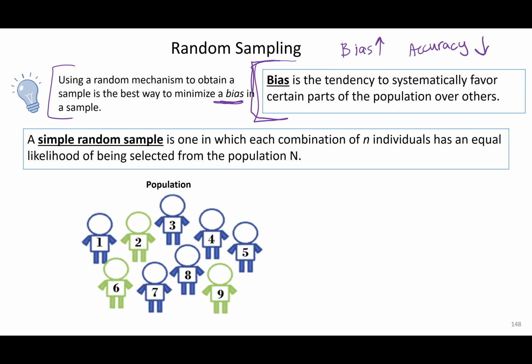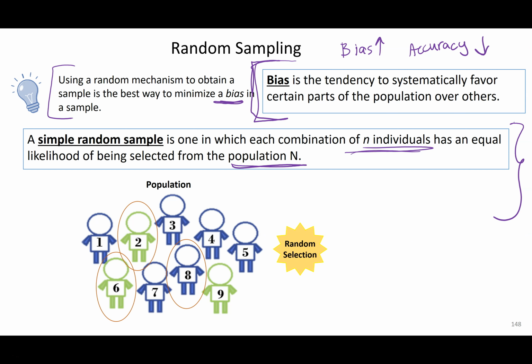So the most straightforward would be a simple random sample. So I will have a population N and I want to take n individuals. So you line up maybe IDs in a list and you have a random number generator, a lot of times through software like R, and it just randomly selects which subjects to choose.